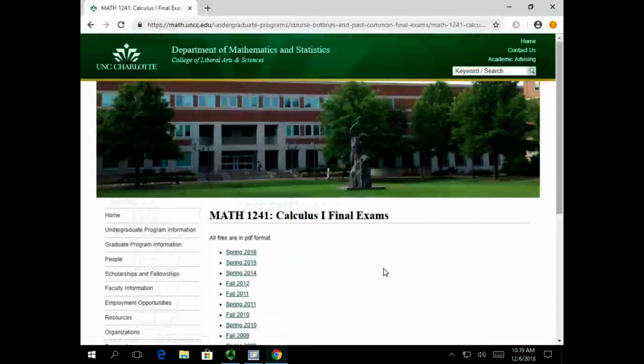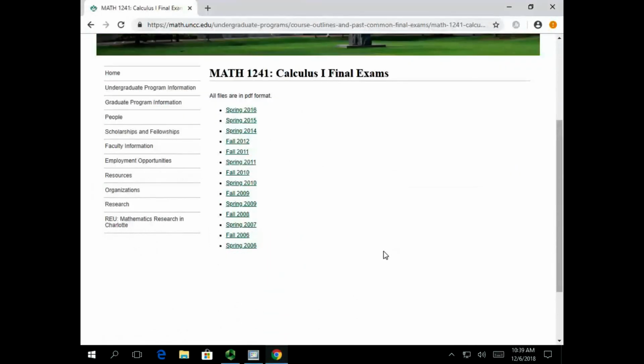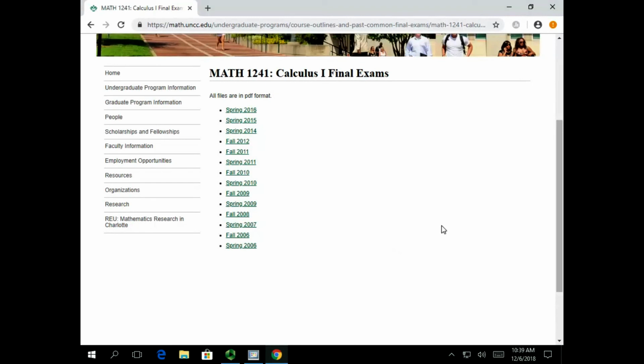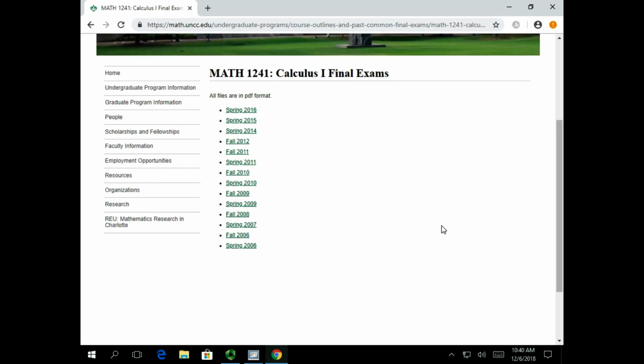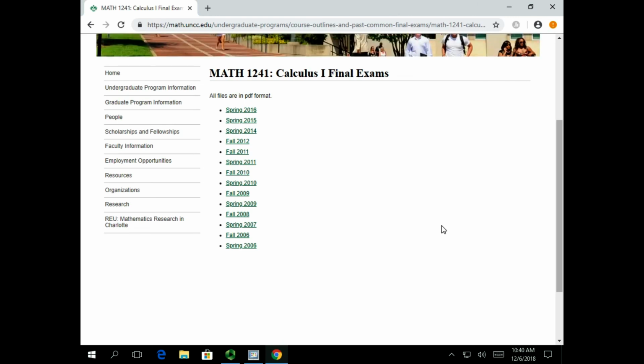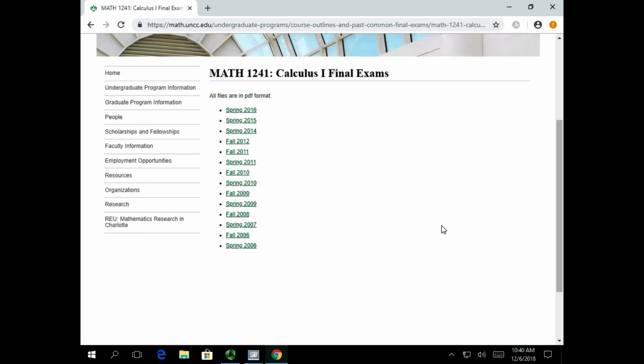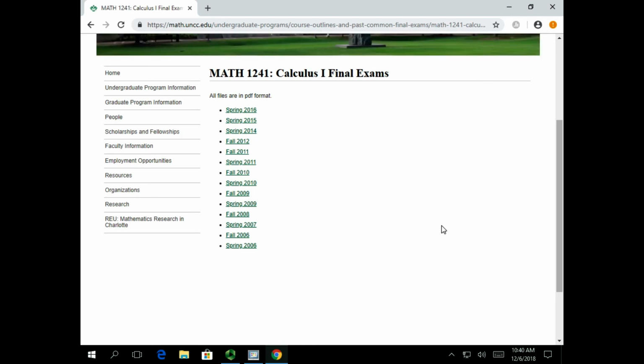You guys are in 1241, and there's a whole list of old common final exams that you can go and look at. Well, yes, you can. The keys are sold by the bookstore. That's why we can't. We're not allowed to host it. But it's not expensive. Maybe see if you can find some friends who want to go in on it.